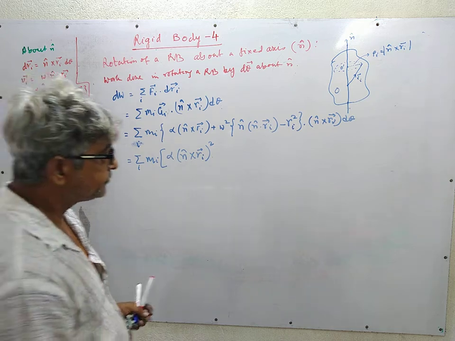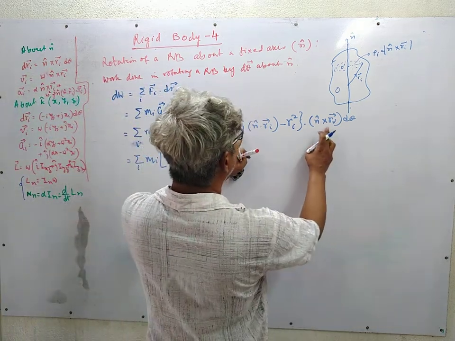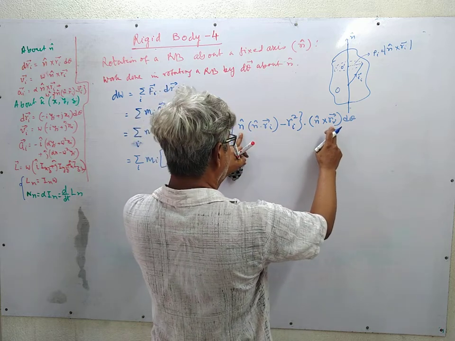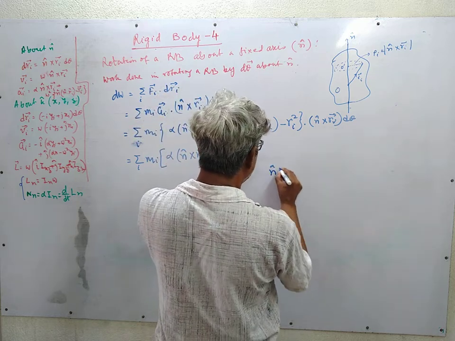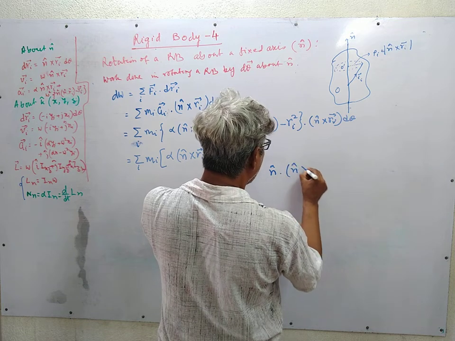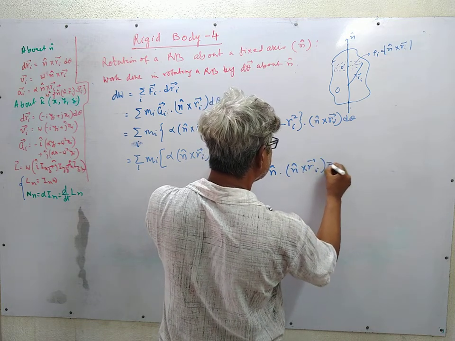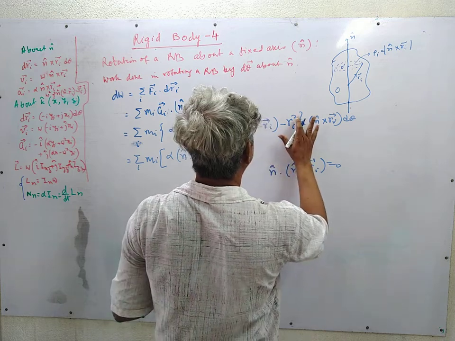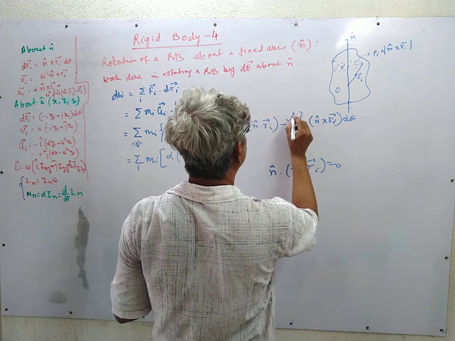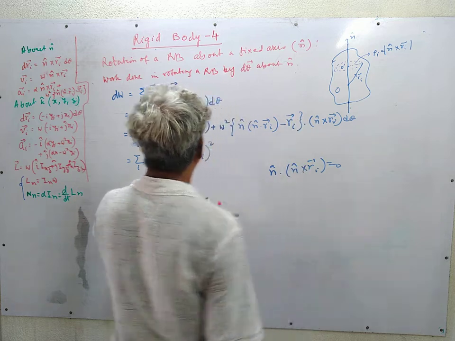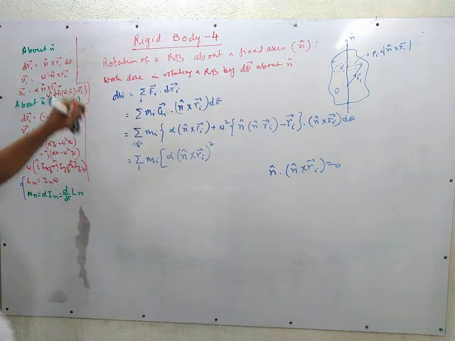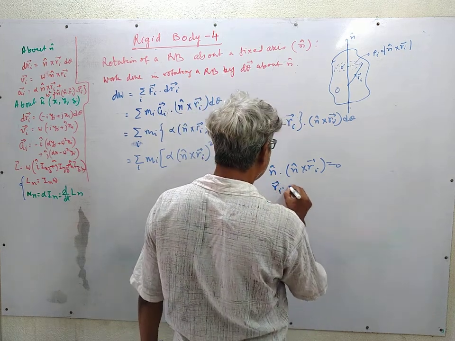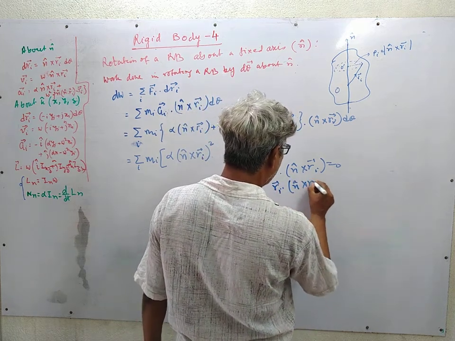And if we consider the dot product of this, n cap dot n cap cross R_i is 0, and if we consider this part, this is the vector R_i, and then we have for the second term R_i dot n cross R_i.